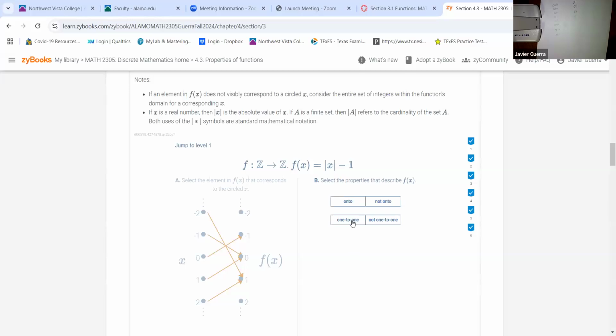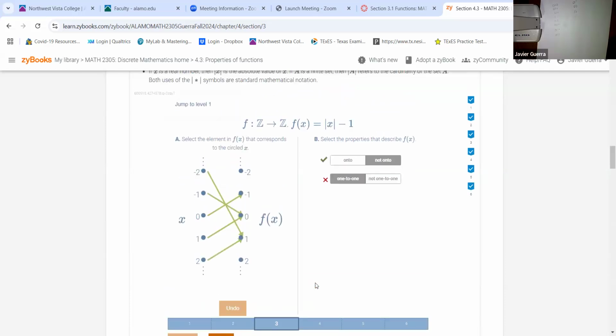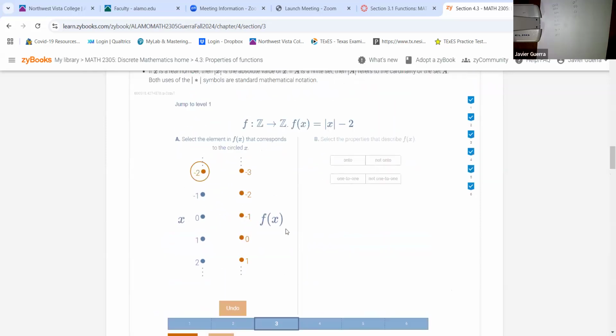It is not 1 to 1 and not on to. Oh, that's right. It's not 1 to 1 because 2 and -2 map to the same target, so that would not be 1 to 1. Okay, sorry. Try it again.